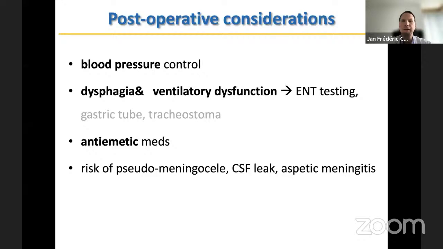And which is also very common in these patients is that they need a lot of antiemetic drugs for at least 1 or 2 days. And the major risks of this type of approach are the pseudomeningoceles, the CSF leaks, and aseptic meningitis.